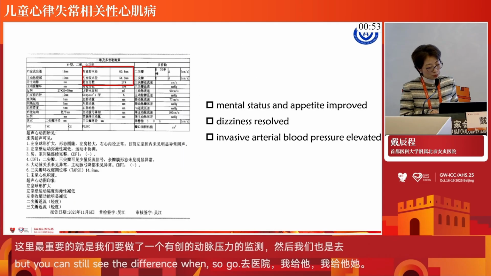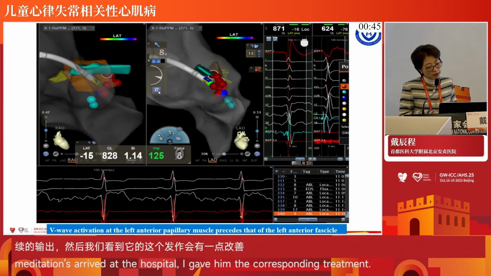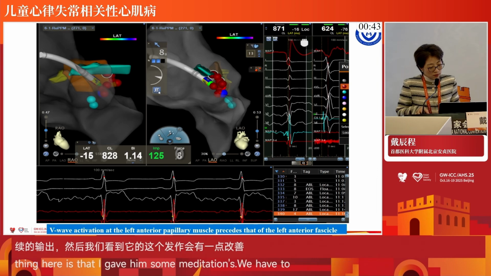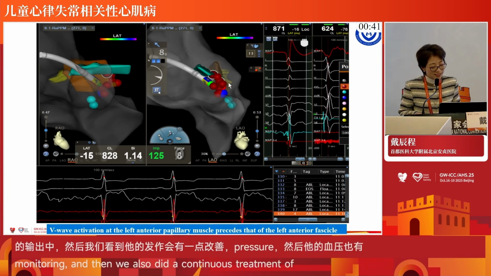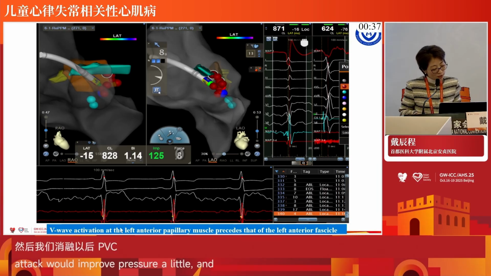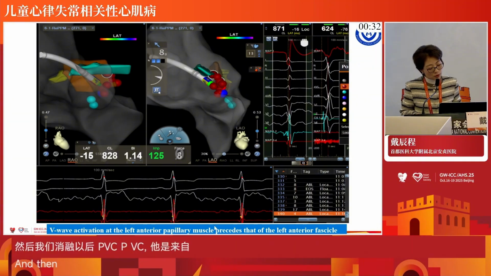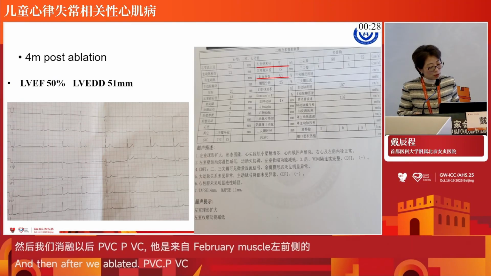After the therapy, mental status and appetite improved, dizziness resolved, and blood pressure elevated. Then ablation: the PVC originated from the left anterior papillary muscle. And after successful ablation, the patient got better and better.